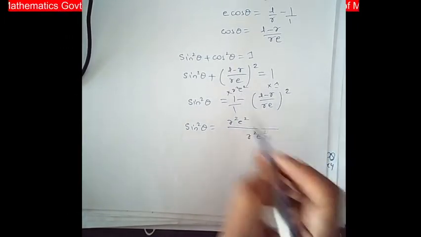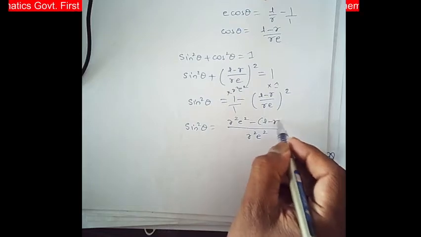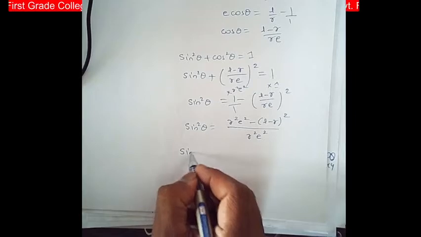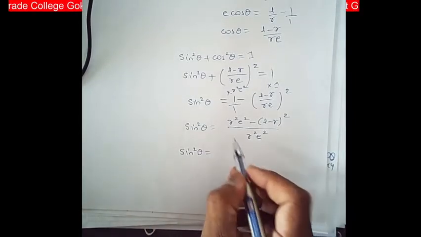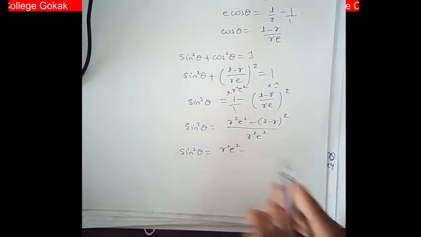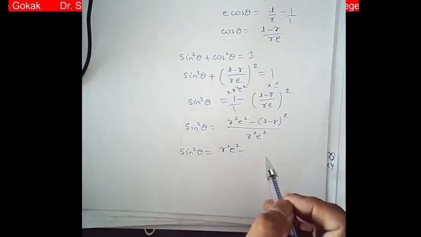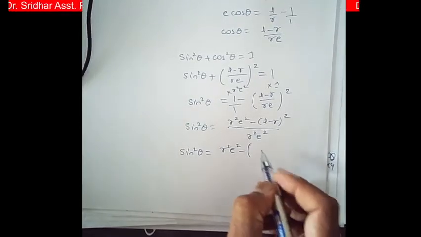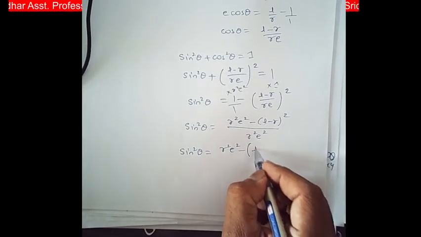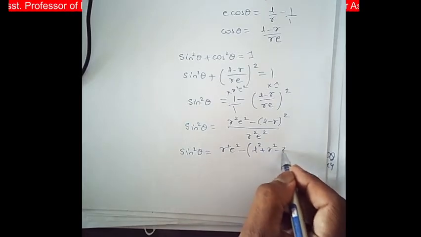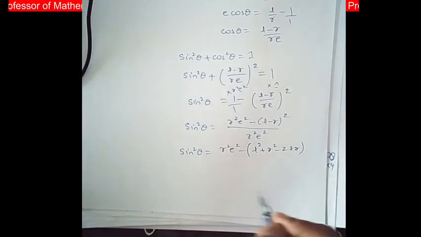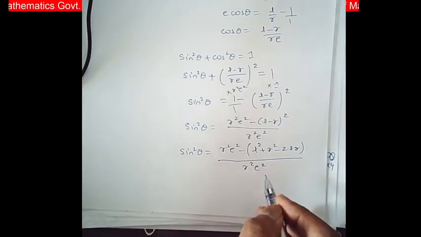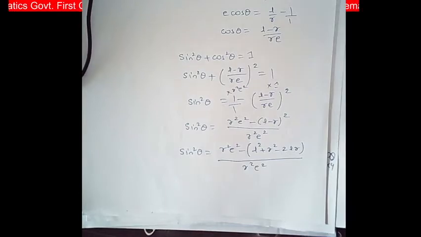So sin square theta is equal to r square e square minus L minus r whole square, with r square e square as it is. Now I apply the a minus b whole square formula: a square plus b square minus 2ab. Correct? Divided by r square e square as it is.